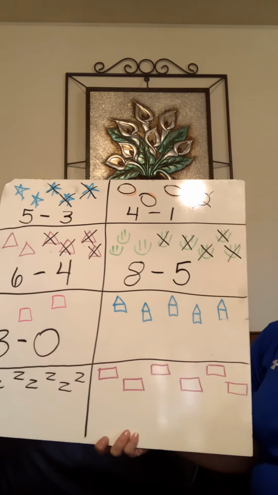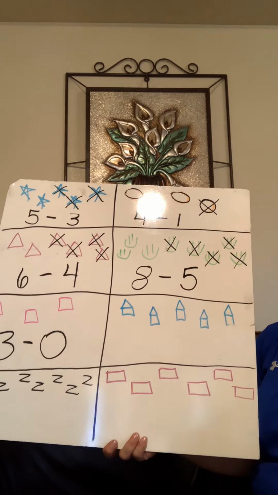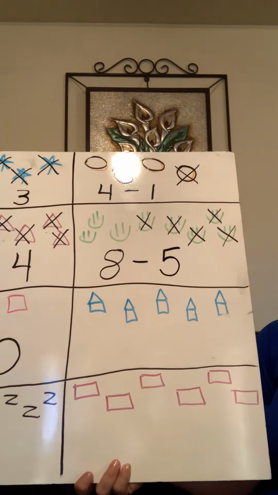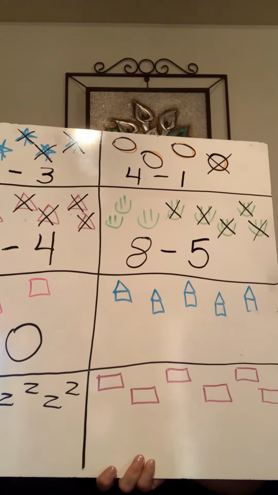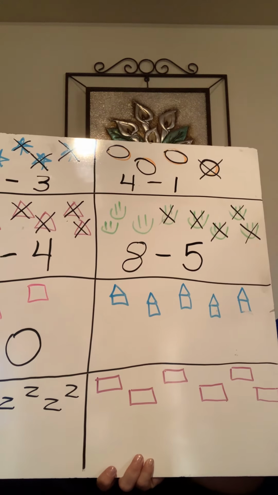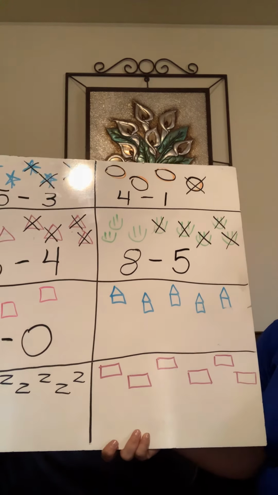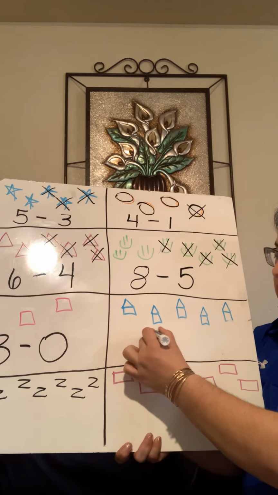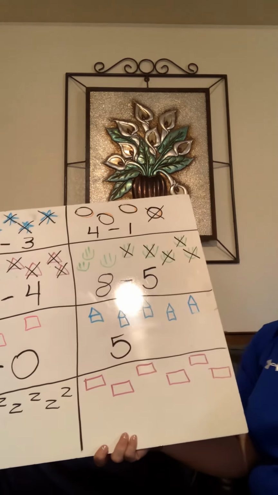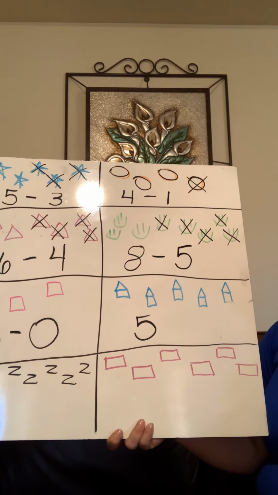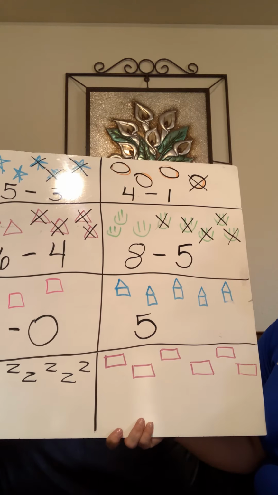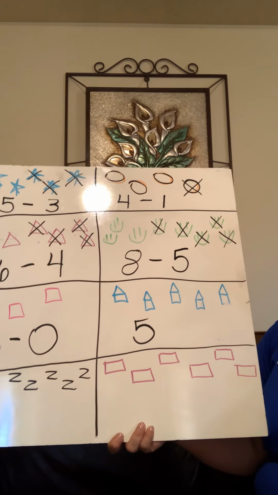Okay, let's look at the houses. Can you count the houses for me and tell me how many we have? Yes, we have 5 houses. So I made 5 houses out of Legos. 4 of my houses broke.